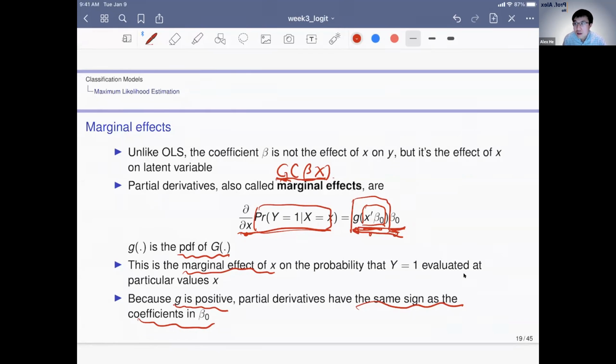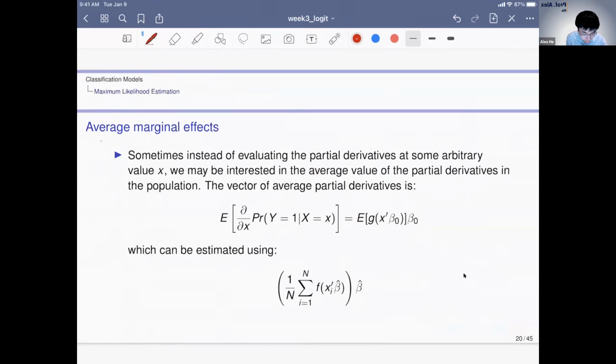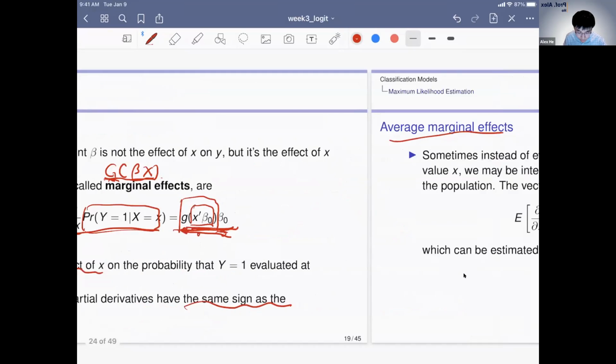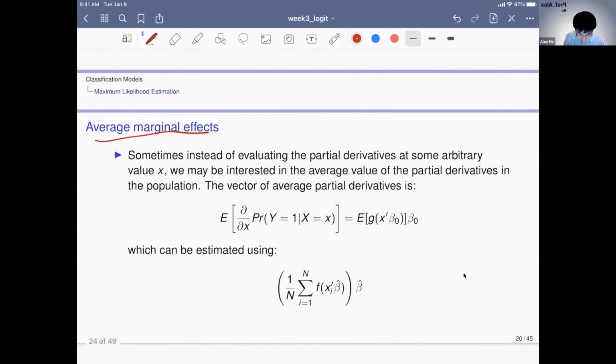I don't want to know it for only one single x, but for many, many x's, what is the average? So you can do something called the average marginal effects, which is just to take the average of the previous marginal effects, taking the average across x.